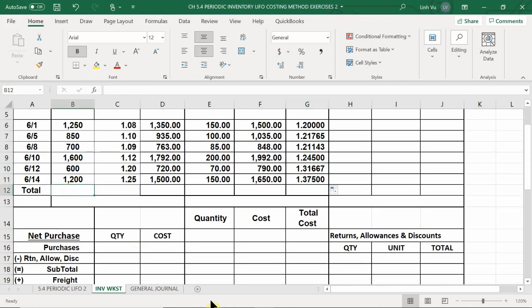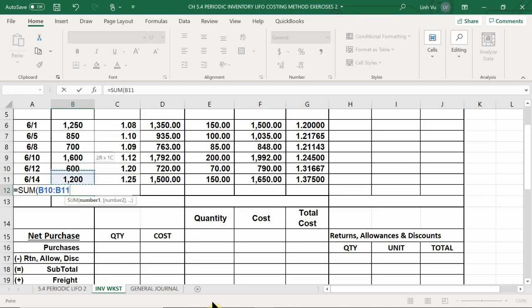So you could go ahead and add up your totals if you'd like. So my total quantity that I purchased, so equals sum. So how many purchases did I make in June? Good.